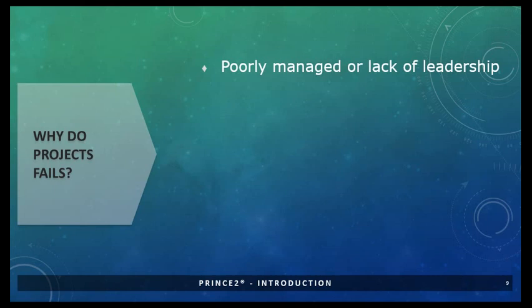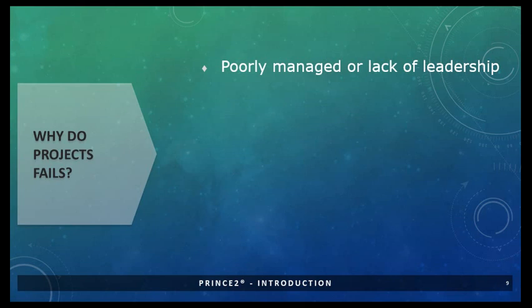It was very alarming that only 33% of projects succeed. Some of the reasons were taken, and there was an 80-20 analysis done on that. Some of the top reasons are that projects fail because they're poorly managed or because there's a lack of leadership.